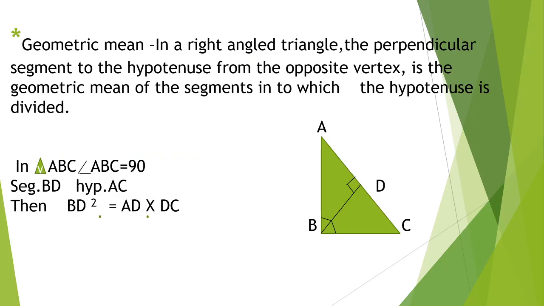Our second topic, geometric mean. In 9th standard, you learn about geometric mean. Again, see here, in right angle triangle, the perpendicular segment to the hypotenuse from the opposite vertex is the geometric mean of the segments into which the hypotenuse is divided.